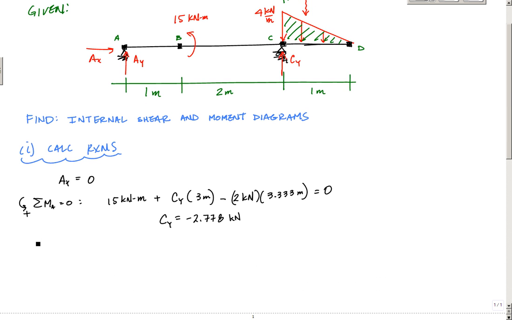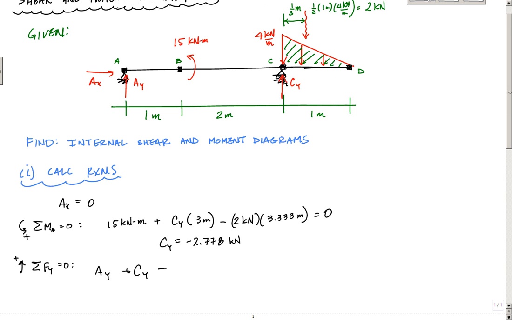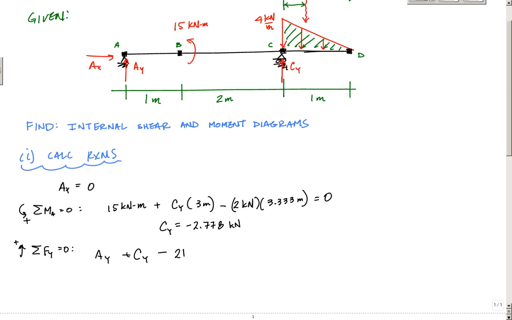And so when I do my sum of the forces in the y, positive upwards, equals 0, I'll have Ay plus Cy minus the resultant of this linearly distributed load, minus 2 kilonewtons, equals 0. And I'm going to make sure I plug in a negative 2.778 for Cy.